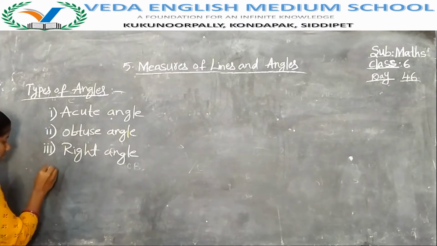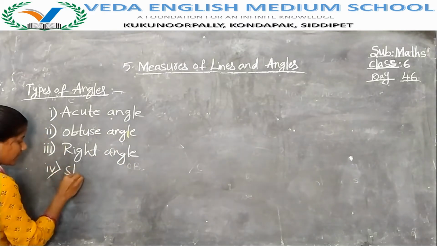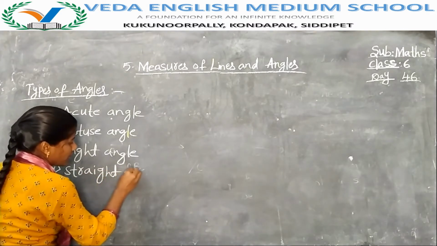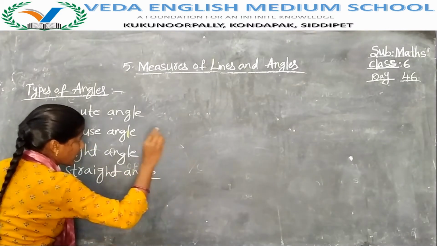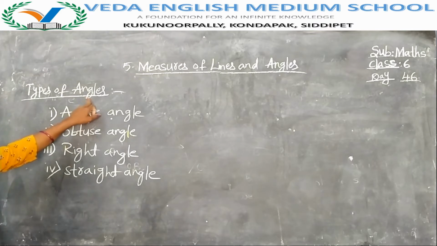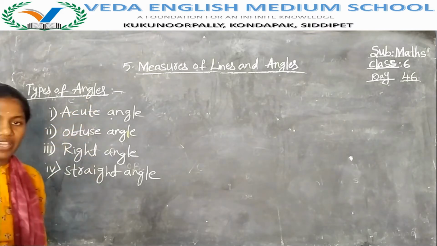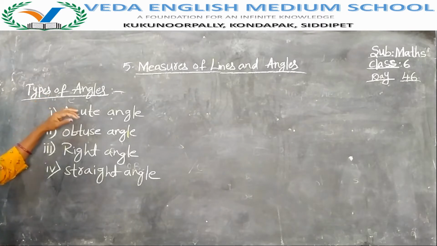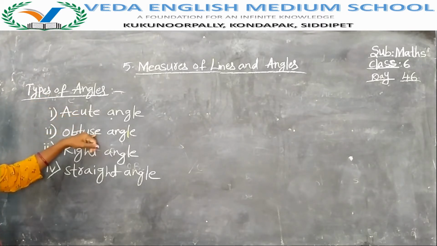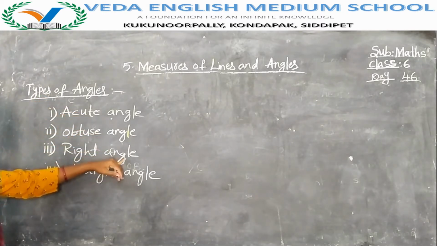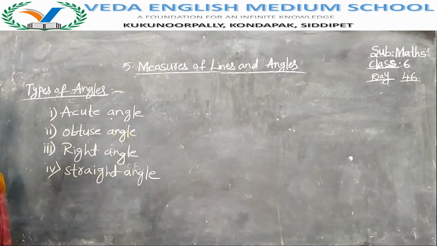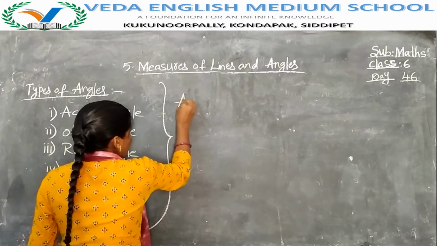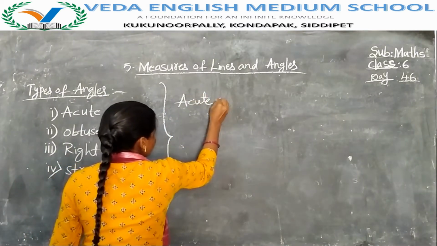Last one, straight angle. Types of angles means here we have four types of angles. One is acute angle, second is obtuse angle, third is right angle, fourth is straight angle. Now we will learn one by one. What is meant by acute angle?